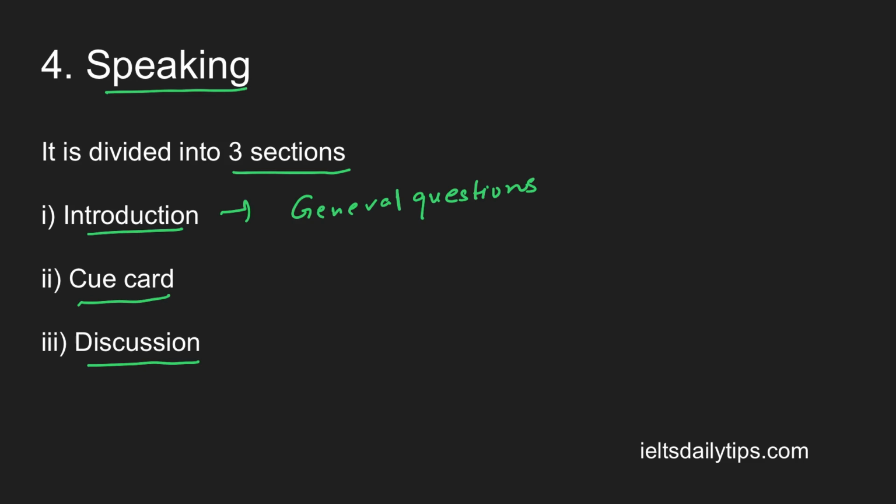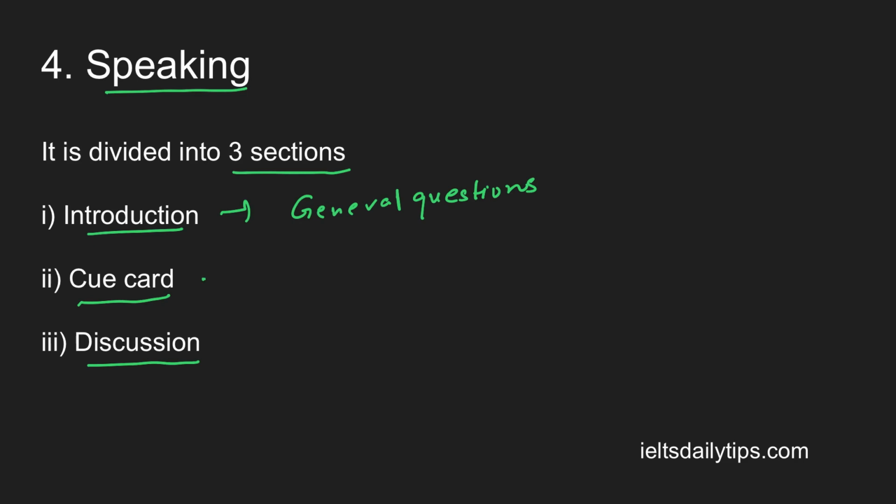So, in the introduction part, if you are asked introduce yourself, you have to tell your full name. You have to tell the place you belong to. You can tell your hometown, then your hobbies, and what do you do. And then, if you are asked, are you a student or you work, then you have to tell accordingly. So, these are some of the questions that are asked in the introduction part.